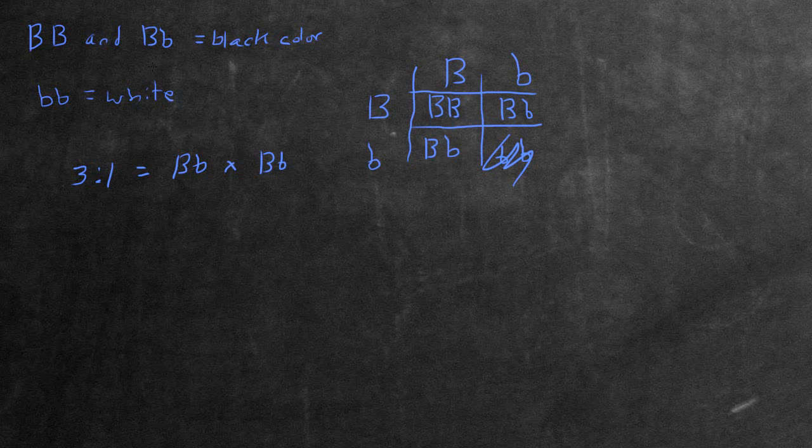Well, if you think about it, the big B is dominant, right? So if you cross, let's say, big B big B with big B, little b, you're only going to get black Babbits. So that's not going to work out. The only situation where you can get white Babbits is if you have a homozygous recessive, little b little b. And you can get that if you crossed this one here with this one over here.